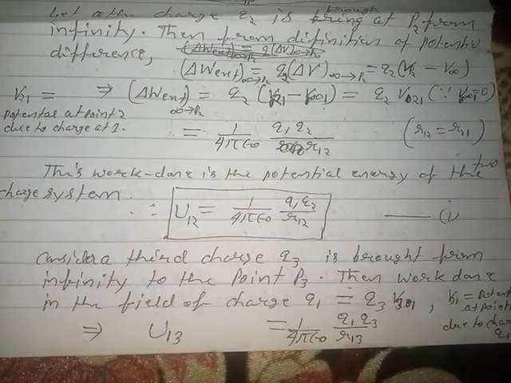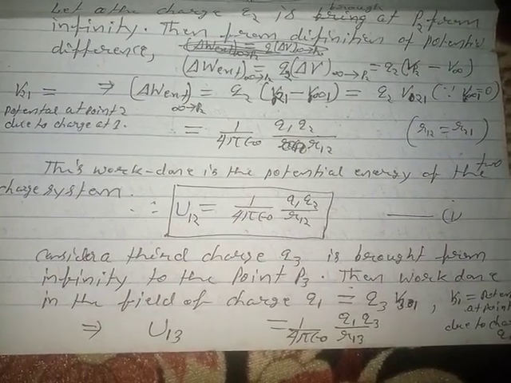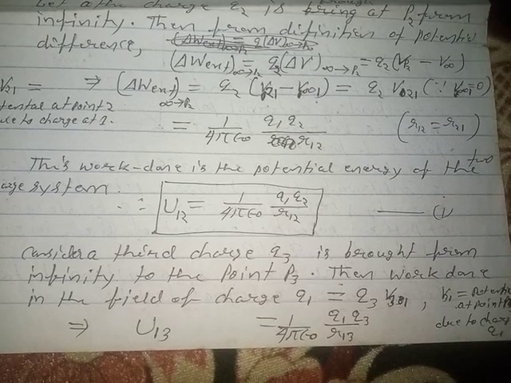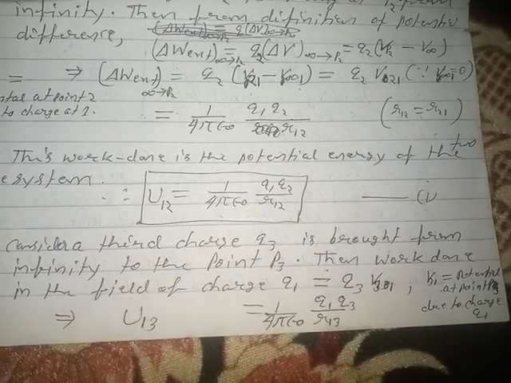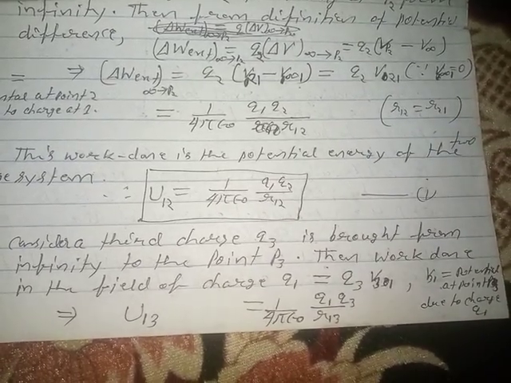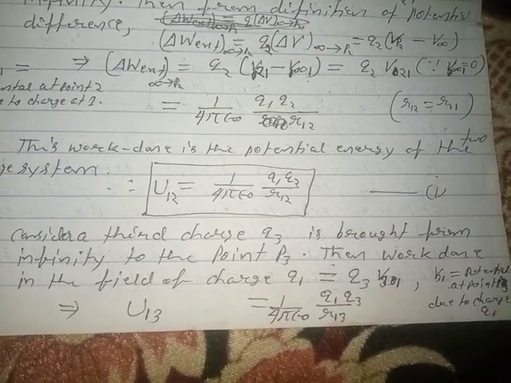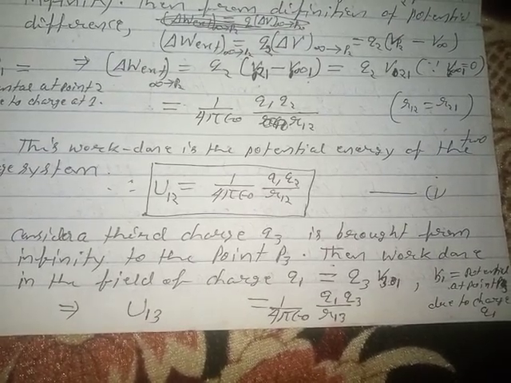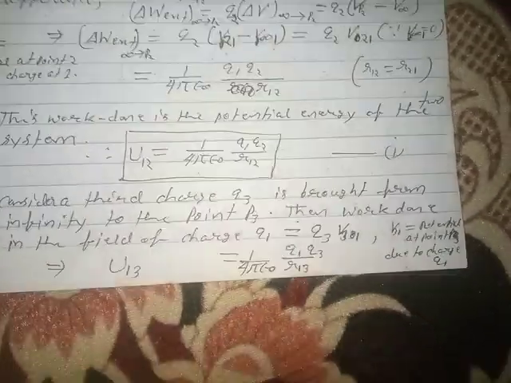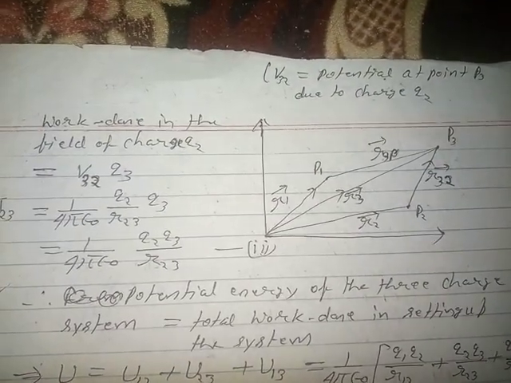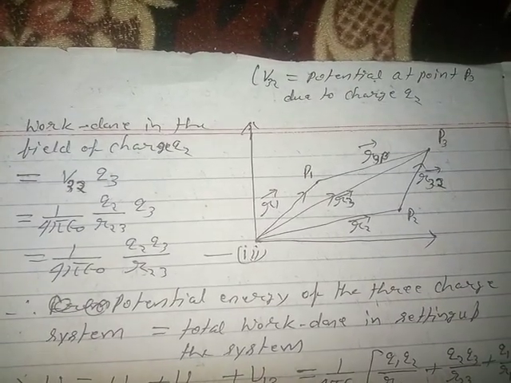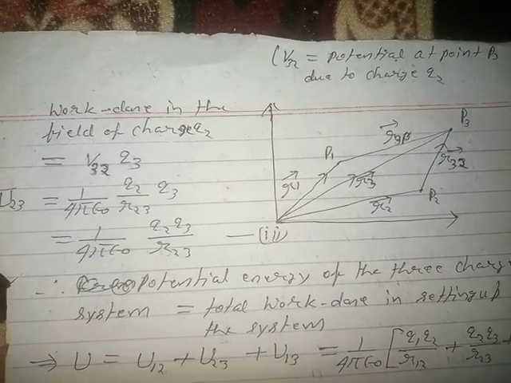Consider a third charge Q3 brought from infinity to the point P3. Then the work done in the field of charge Q1 equals Q3 V31, where V31 is the potential at point 3 due to charge Q1. This implies U13 equals 1 by 4 pi epsilon naught Q1 Q3 by R13, where V32 equals the potential at point P3 due to charge Q2.